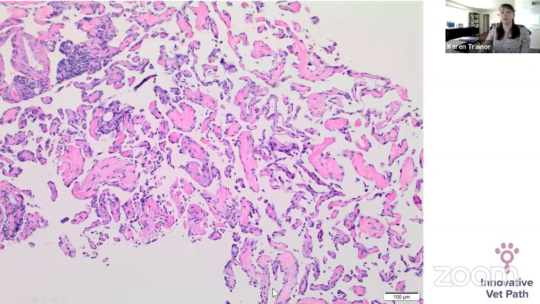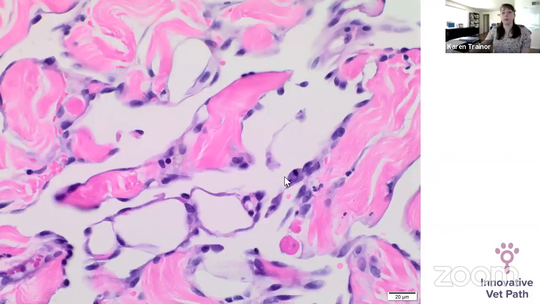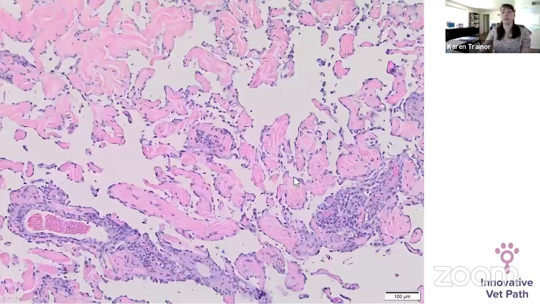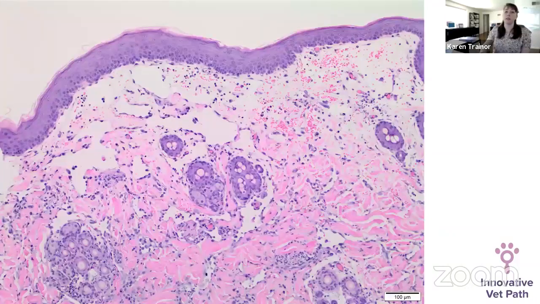So we also see, again, just a closer view of these blind ending trabeculae with some scattered inflammatory infiltrates. And again, these plump endothelial cells, a nice mitotic figure right here. Another mix of inflammatory cells, some neutrophils scattered throughout. And then these vascular channels, these spaces are very filled with very few erythrocytes. It's mostly clear space, which is why this one is given the sort of vague title of angiosarcoma.